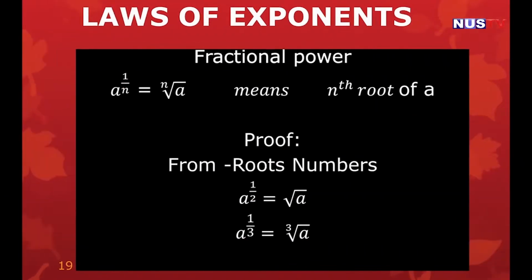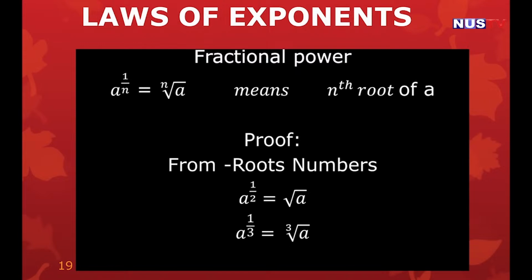Right. Another law of exponent for us to revise is called the fractional power. Fractional power is actually expressing the fractional power in surd form. Now we are getting closer to the learning outcome of this whole substrand.